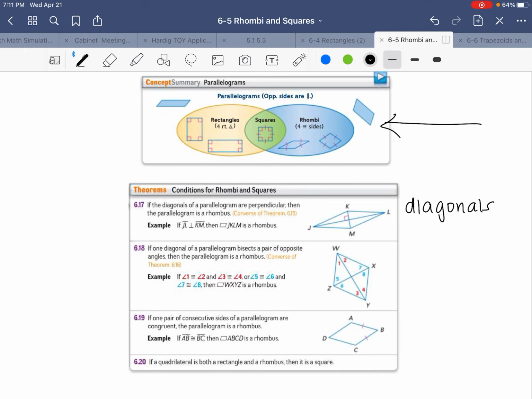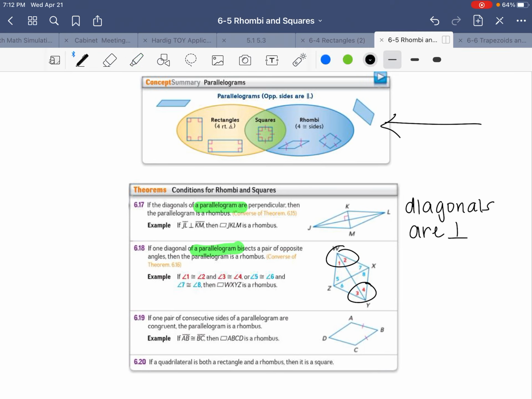Diagonals are perpendicular. Now 6-18 states that if one diagonal of a parallelogram bisects a pair of opposite angles, so we're looking at a pair of opposite angles and they're bisected, then we know that it is a rhombus. Notice that both of those first two stated that we already knew it was a parallelogram.